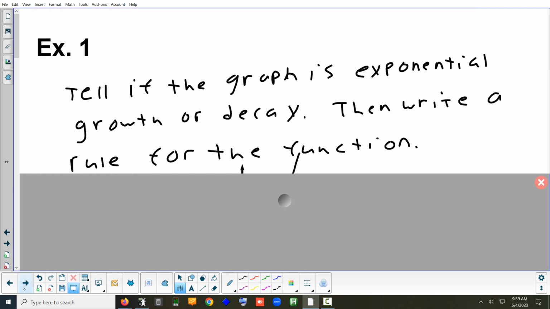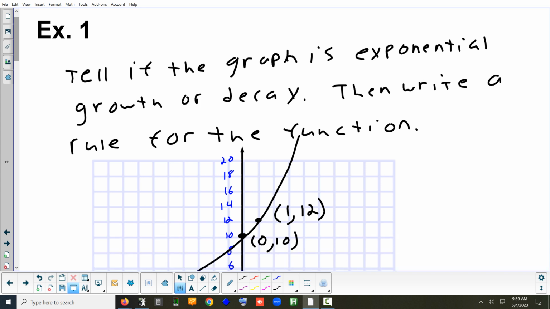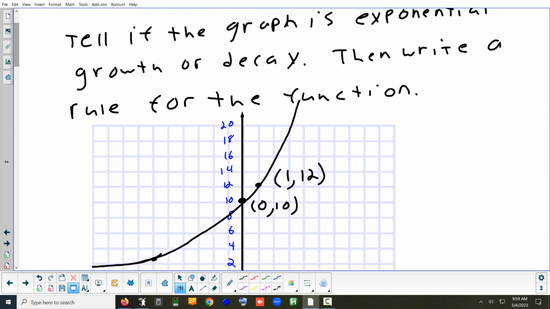All right, so here's our first example. Example 1 says, tell whether the graph is growth or decay, and then write a rule for the function. Okay, so you've got that picture on your guided notes. I've also labeled the same 2 coordinates that I've labeled right there.